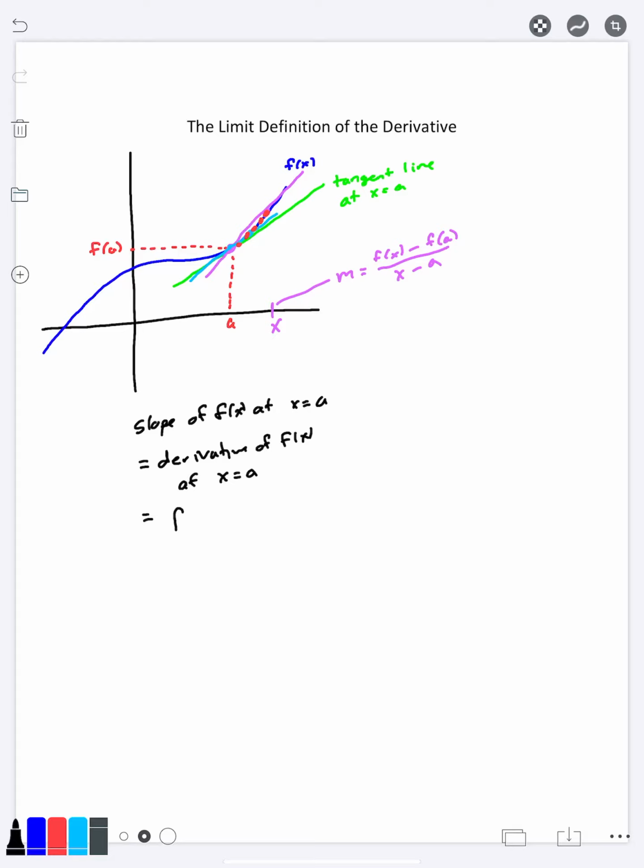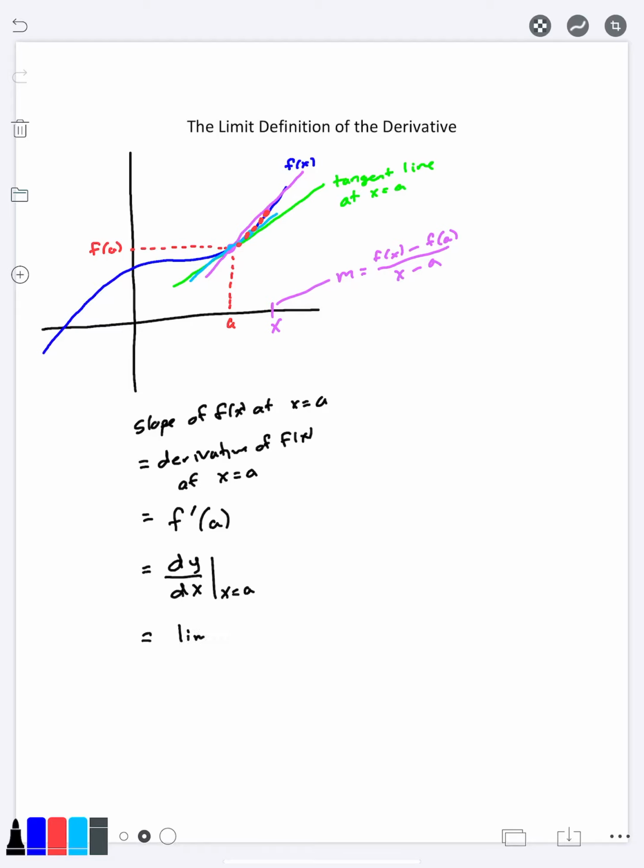It's going to be f with a little prime next to it, parentheses a. There's even going to be another notation, and the reason why is that there were 2 different people that created calculus originally, and they had vastly different notation. And I think you agree that f prime of a is simpler than this new one with this fraction dy dx. But regardless, they mean the same thing.